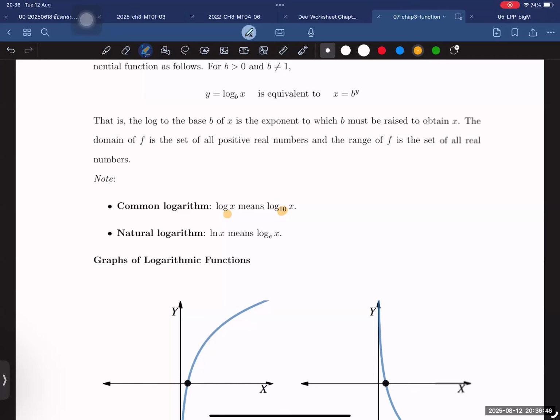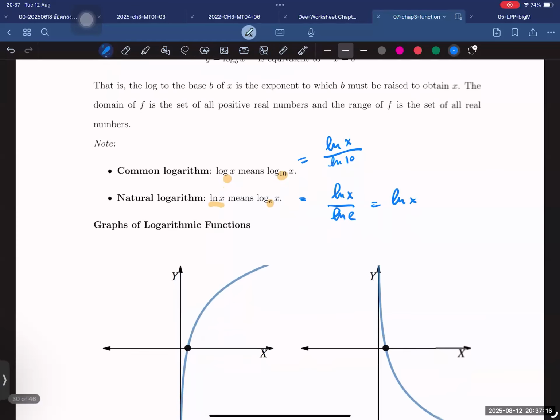Natural log uses the notation ln, but it's log of base e. Like I told you before, log of any base can be written as log of x divided by log of base e, right? In this case, log e is 1, so that's just log of x. How about this one? This one can be log x divided by log of 10.